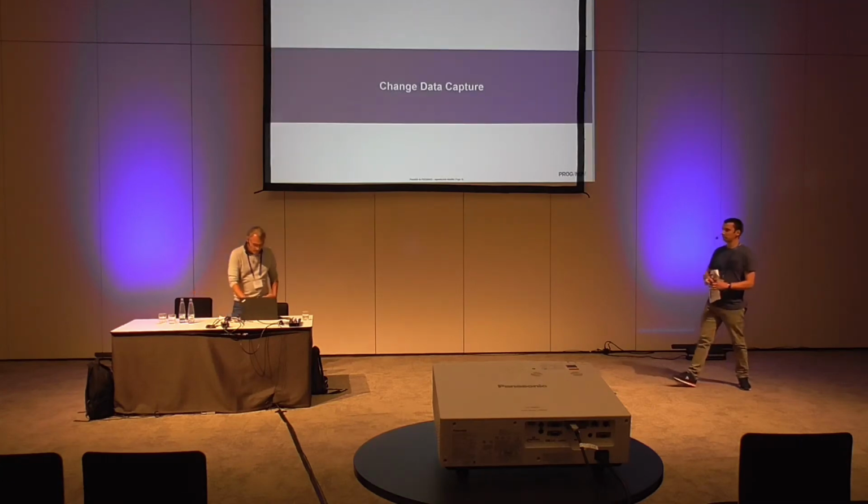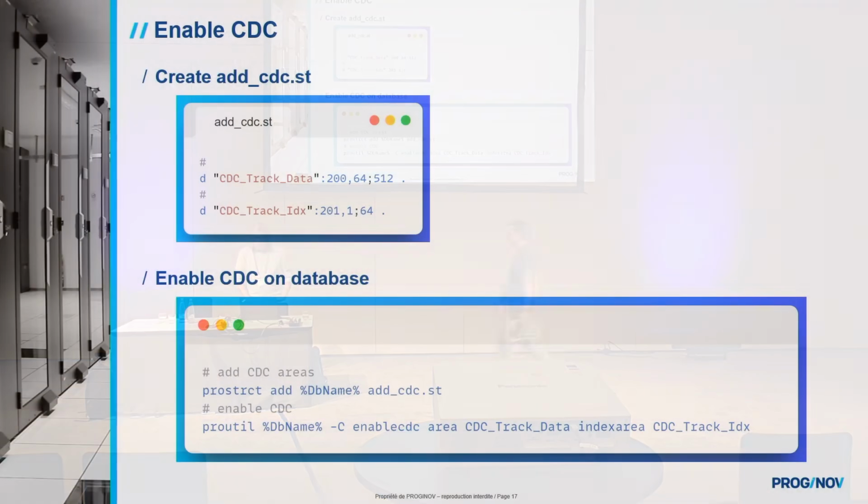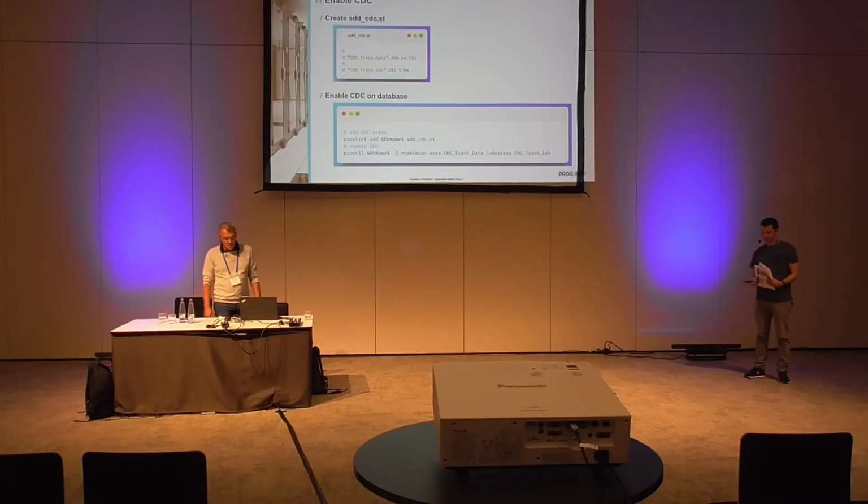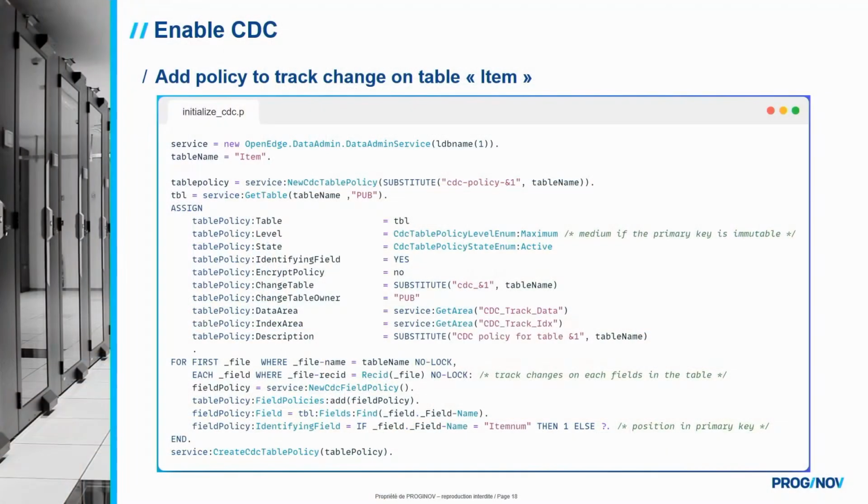So CDC: it's very easy and fast to enable CDC when the DB is offline. You would just have to add these two areas in the DB and fire the -c enableCDC command. And after this, there is some source code that Progress gives in the community.